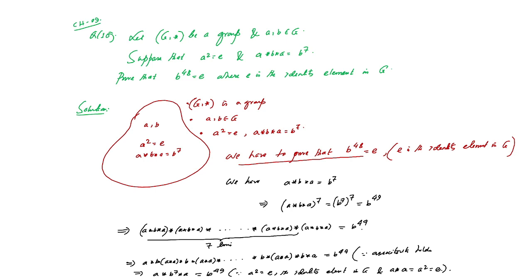So what we get here is A star B to the power 7 star A equals B to the power 49.